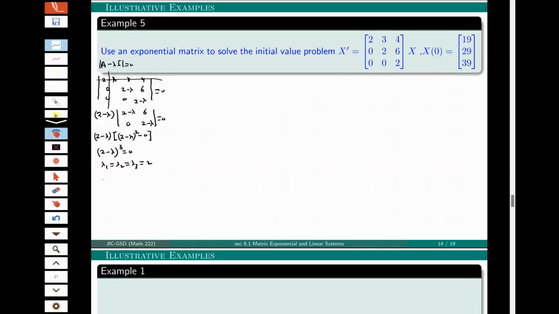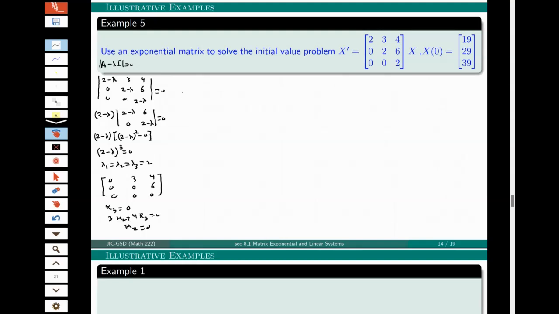If we solve for the eigenvector, which means we replace lambda by 2, we will get 0, 3, 4; 0, 0, 6; and 0, 0, 0. So I will get here K3 is equal to 0, and I will have 3 K2 plus 4 K3 is 0, which means K2 is equal to 0.